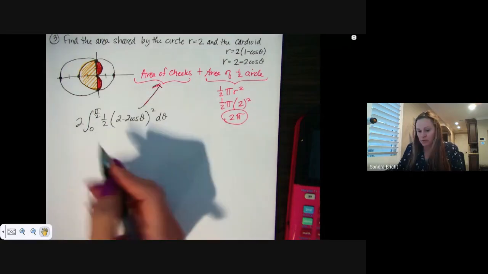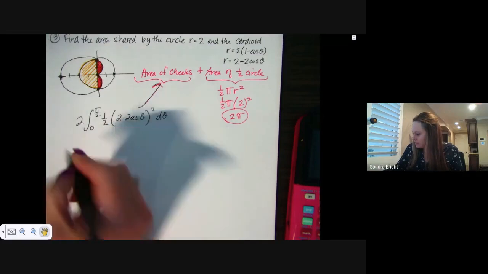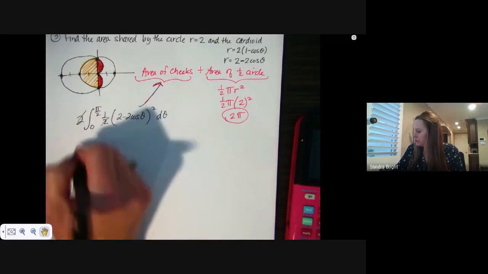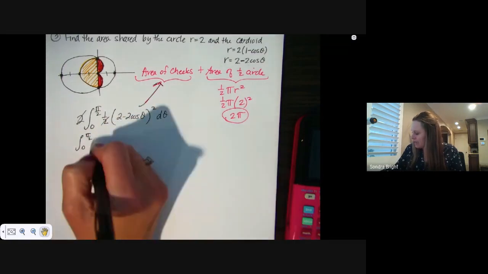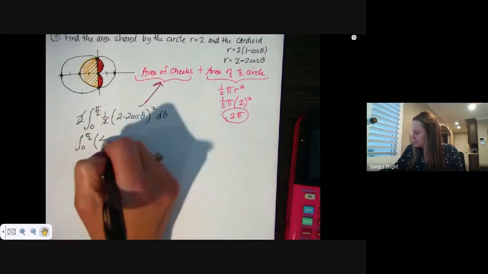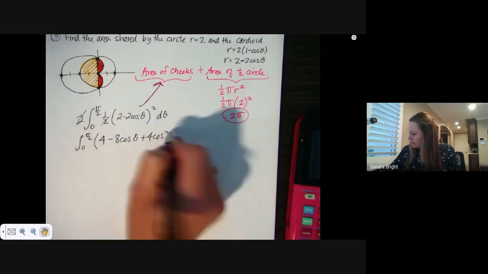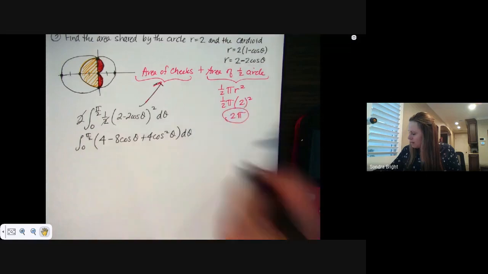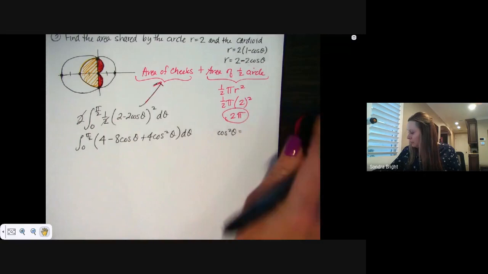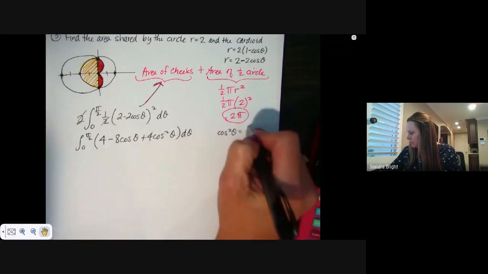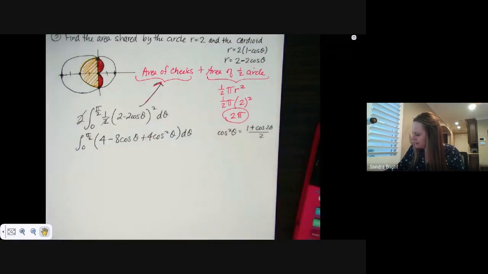I can take this 2 and this 1/2 and they cancel. So now I've got from 0 to pi over 2 of, expand this out, 4 minus 8 cosine of theta plus 4 cosine squared. And if you remember, cosine squared is 1 plus cosine of 2 theta over 2. That's the double angle identity, so I'm going to replace that.